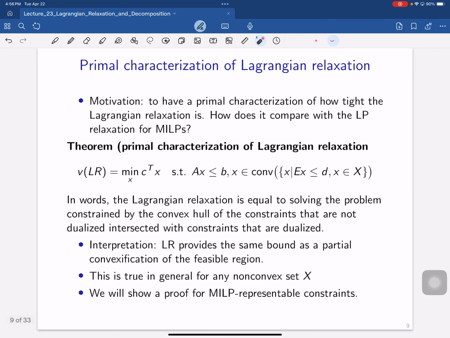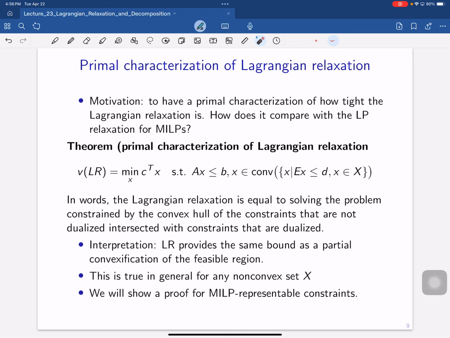What this theorem says is the Lagrangian relaxation will give you the following. Ax less than or equal to b has to be satisfied, and x also has to satisfy this set of constraints, saying that x is in the convex hull of Ex less than or equal to d with x being mixed integer.